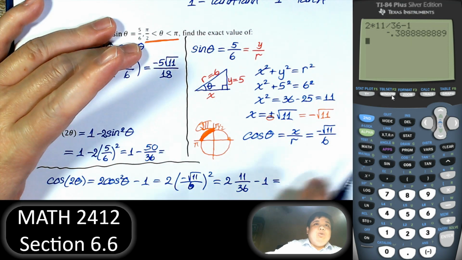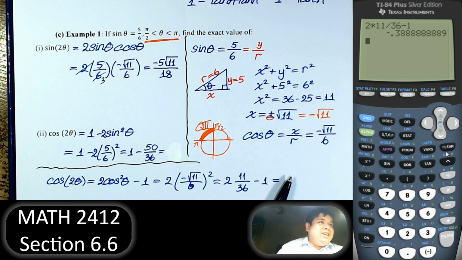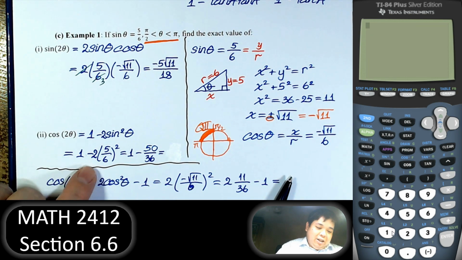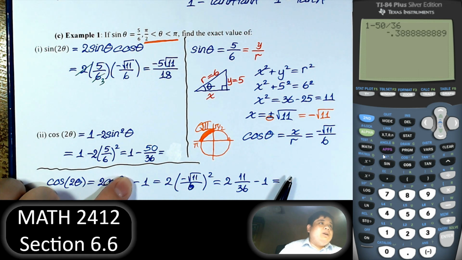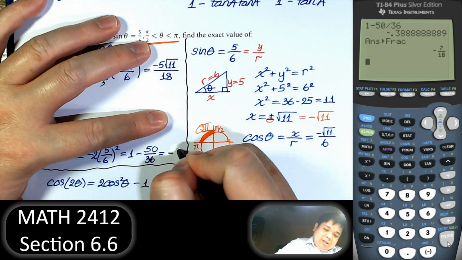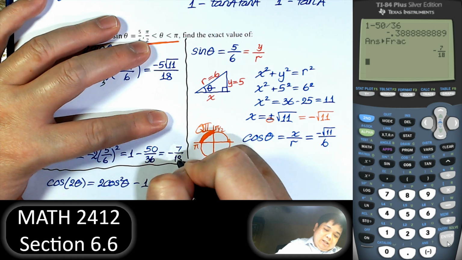Good thing we check. So 1 minus 2 times 5 over 6, so 1 minus 50 over 36, that actually should be reduced. That's fine. Okay, fraction. It's negative 7 over 18.